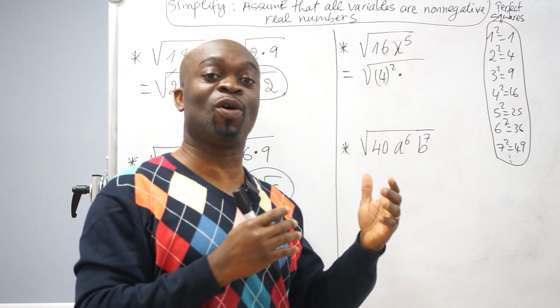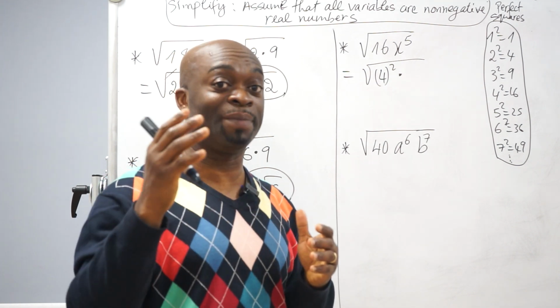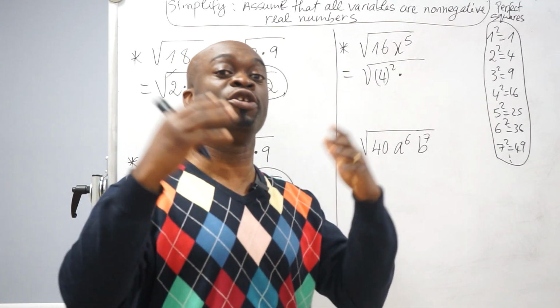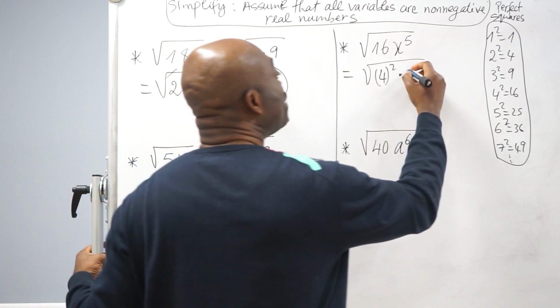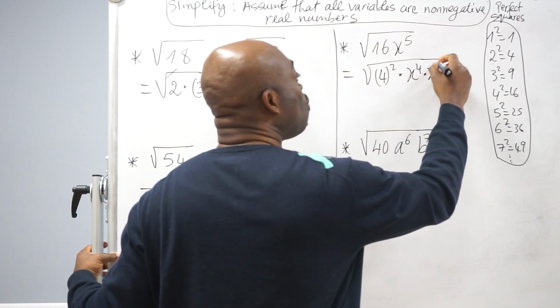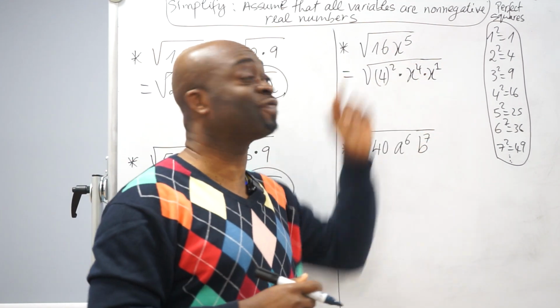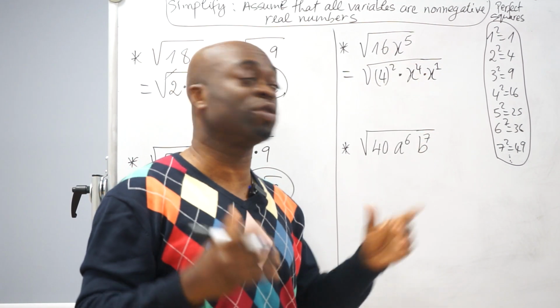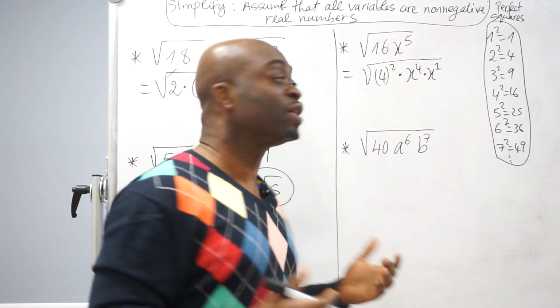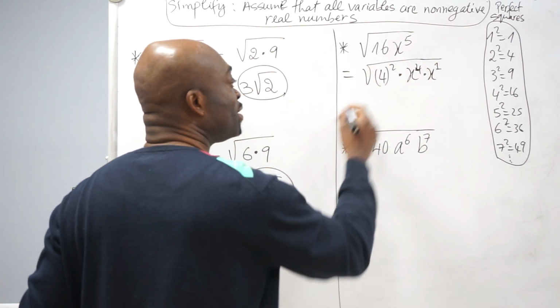Remember, when you multiply variables, you add the powers. So that would give us x to the 4th times x to the 1 power, because x to the 4th times x to the 1 is going to give us x to the 5th. Can 4 be divided by 2 evenly? Yes, because 2 is the index there.